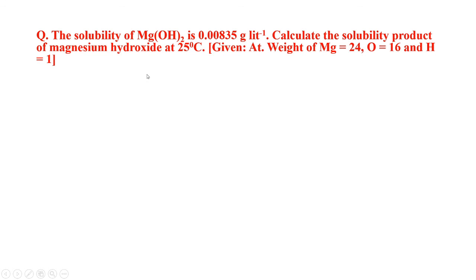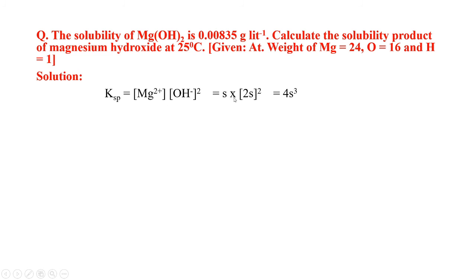So let's move on to the next problem. The solubility of Mg(OH)2, magnesium hydroxide, is 0.00835 gram per liter. So calculate the solubility product of magnesium hydroxide at 25 degrees Celsius. Here the molecular weight is also given. So the solubility product of this salt magnesium hydroxide is equal to Mg2+ into (OH-) square.